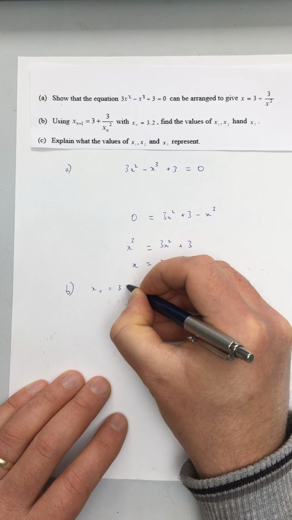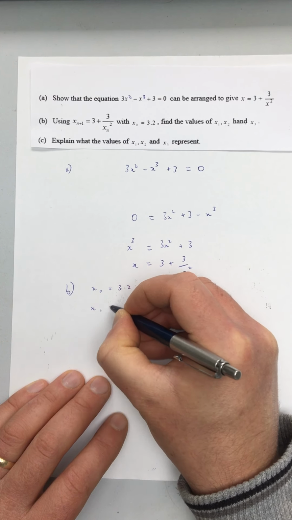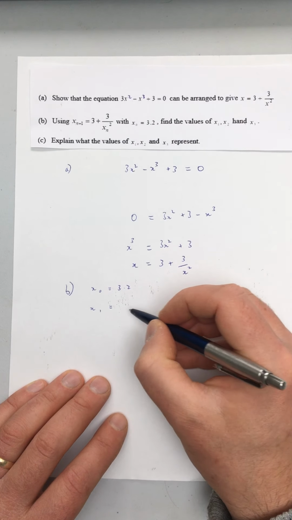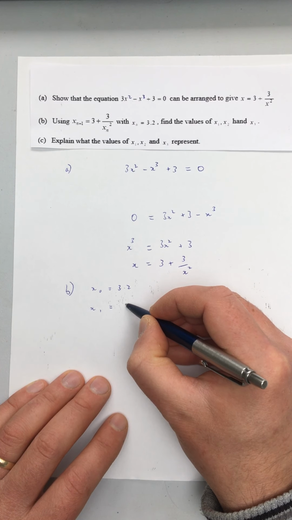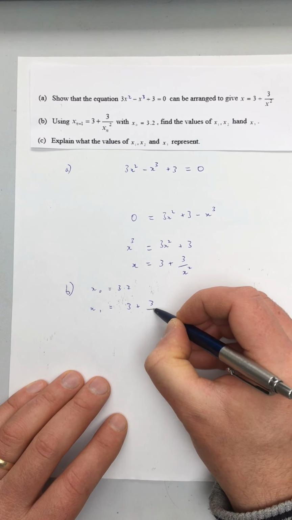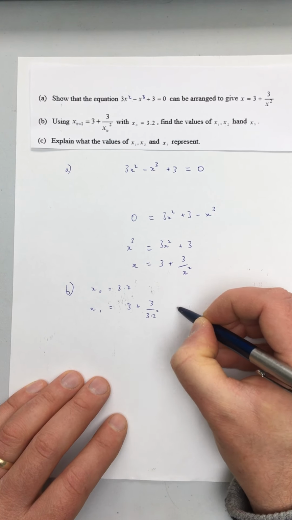So let's write that down first of all. x0 equals 3.2, and then for the purposes of exam questions, I would actually write down some of the working, even if you use the answer button on your calculator. So x1 equals 3 plus 3 over 3.2 squared.